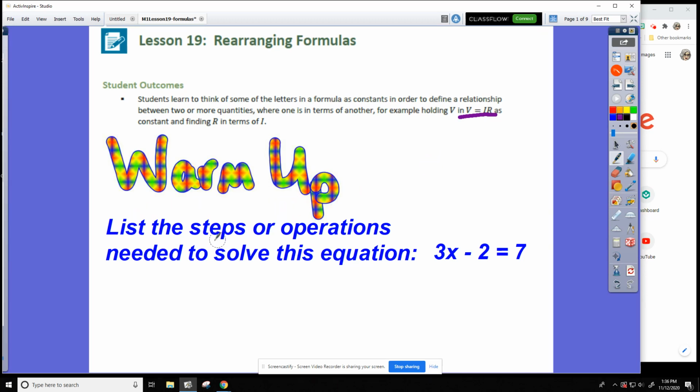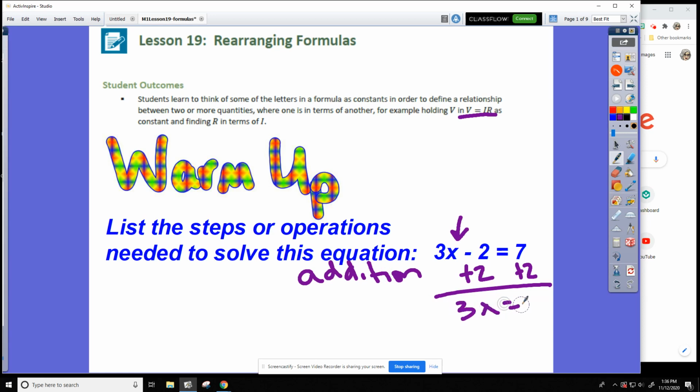Okay, warm up. So list the steps and operations to this two-step equation. So our first thing we would do, here's the variable, is addition. Then you're going to get 3x equals 9.